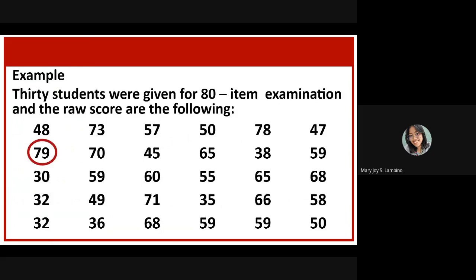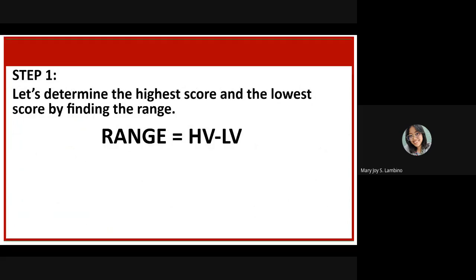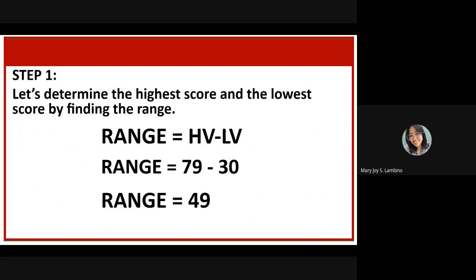Our highest value is 79 and our lowest value is 30. Now, range is equal to 79 minus 30. Therefore, our answer will be 49.